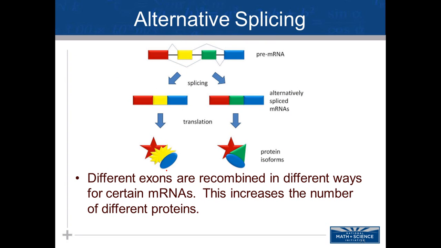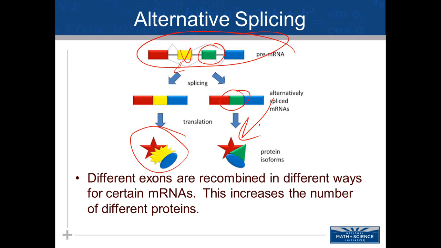So here we have some messenger RNA, and in one case this intron is removed and that intron remains. And so translation takes place and you have that sort of a protein. Over here, in this case, this intron is removed, but that one remains, and so now we have a different protein.